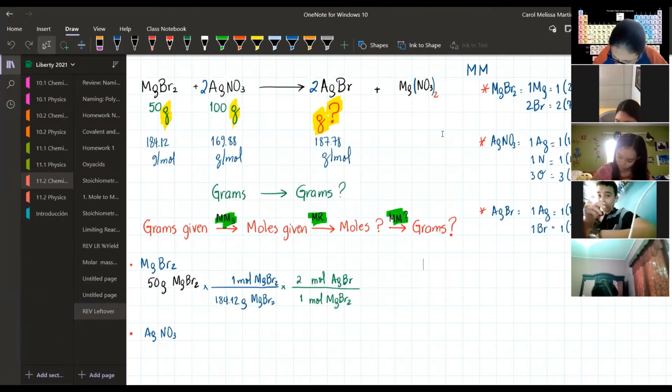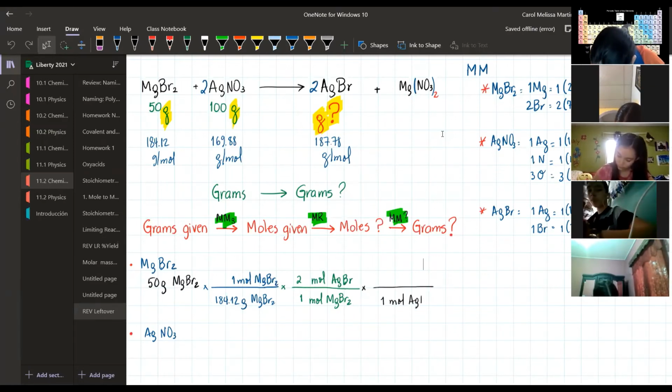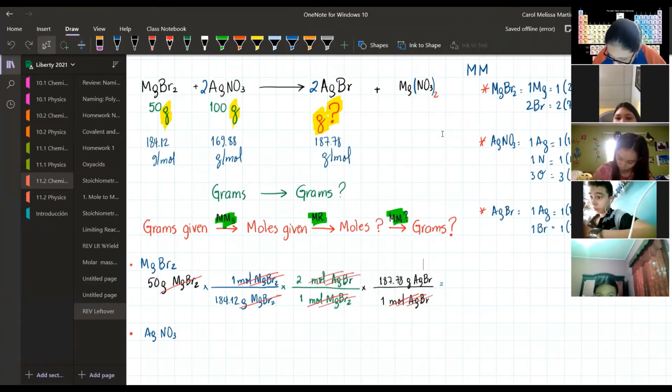And then I use my other conversion factor, that is the molar mass of the unknown. So in 1 mole of AgBr, I have 187.78 grams of AgBr. How much is this? 101.99. These are grams of AgBr.